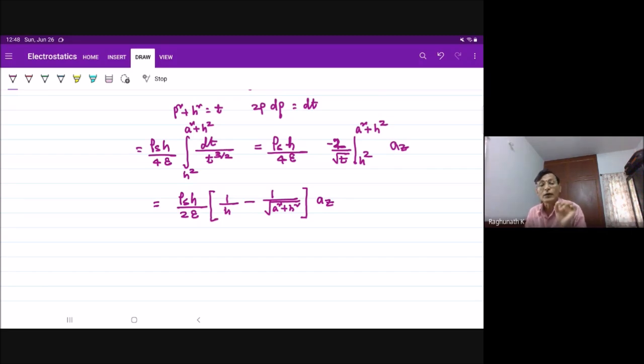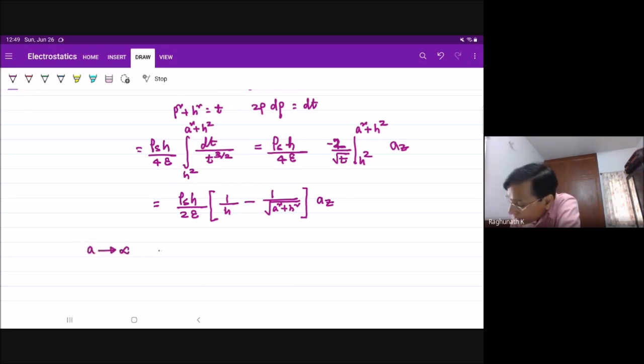This is the field intensity at any point on the axis of a circular disk of radius a having the charge density of rho s. What is the field intensity if radius a tends to infinity?